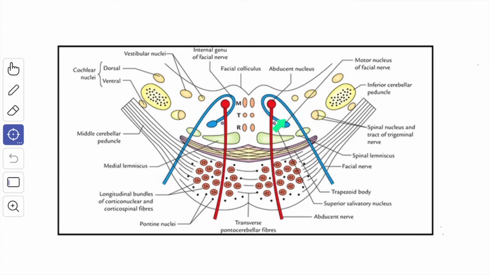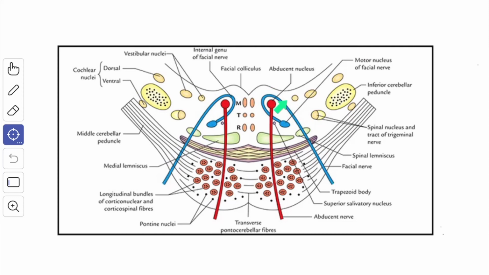The fibers arising from the nucleus pursue an aberrant course. First they course dorsomedially towards the floor of the fourth ventricle to loop behind the motor nucleus of the abducens nerve. The loop is the internal genu of the facial nerve. This elevates the floor of the fourth ventricle and forms the facial colliculus.